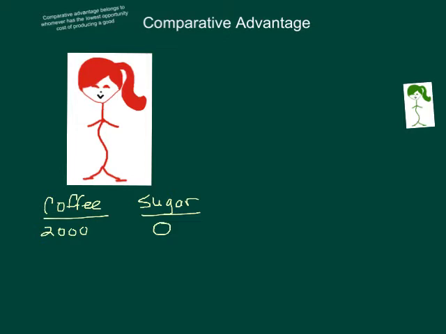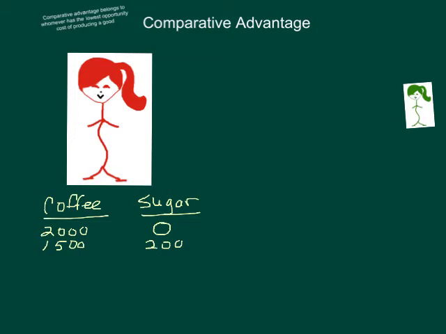But let's say that she wants to produce some sugar. And so now she's going to plant some sugar. She wants to produce 200 containers of sugar. But because all of her land was being used previously, now she's got to give some up. So now she's producing 1,500 containers of coffee.